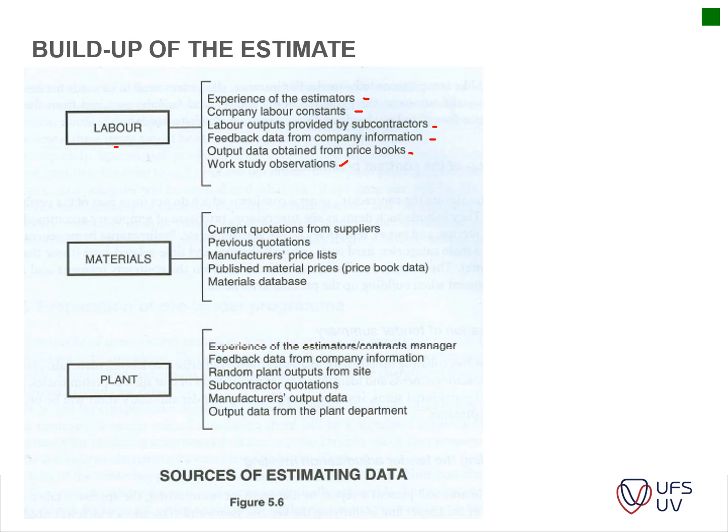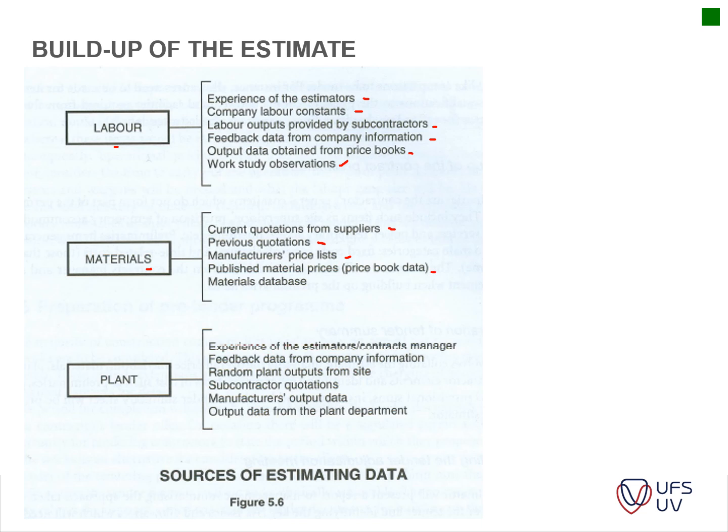Then you've got your materials. You've got your current quotations from suppliers, and your previous quotations: if you've done a tender beforehand or you're currently busy with a project, you can use those rates on your tender again. Then manufacturers' price lists, so you can get a lot of information from a supplier's price list. Then published material prices.